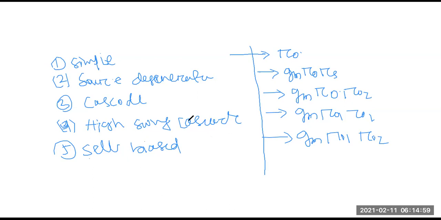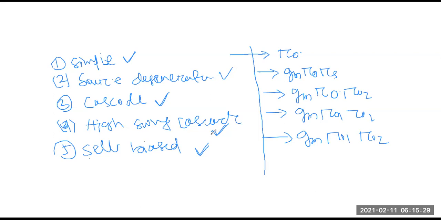Then component-wise, this has very few components. So 2 transistors, this is 2 transistors plus 2 resistors, this is 4 transistors and 2 current sources, and this is 4 transistors and 1 resistor. In this way you have to compare which one is the best, but finally it depends on the application.